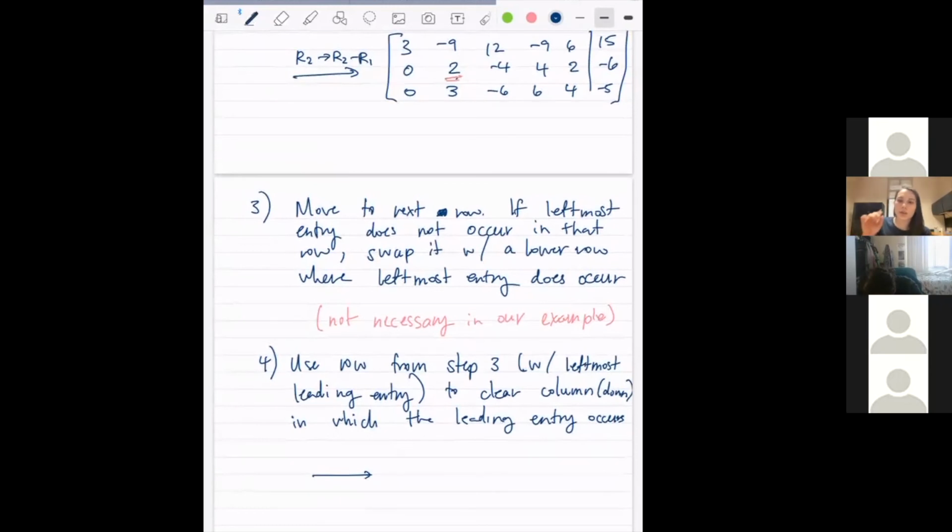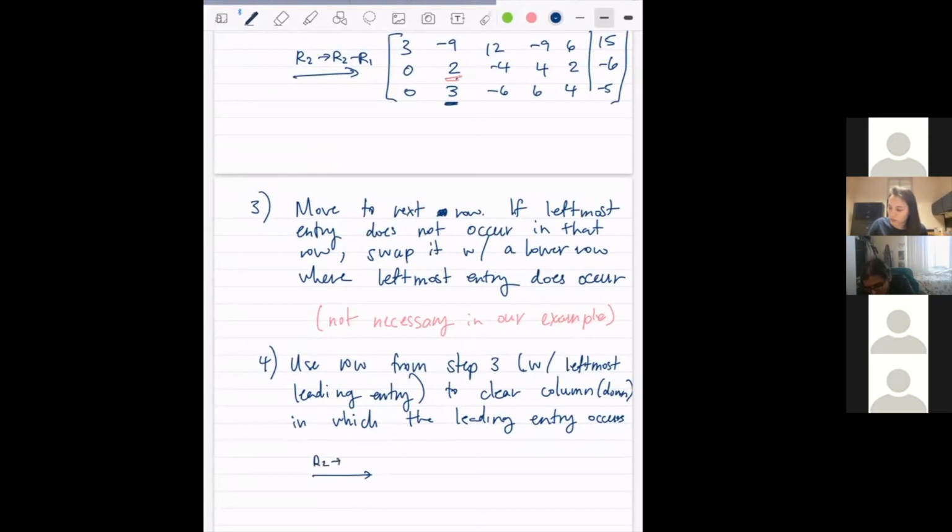Okay, so here we are. We need to clear this 3 that we have right here because it's below our leading entry. So what we can do first to make this a little bit easier is scale by 1/2 our second row.